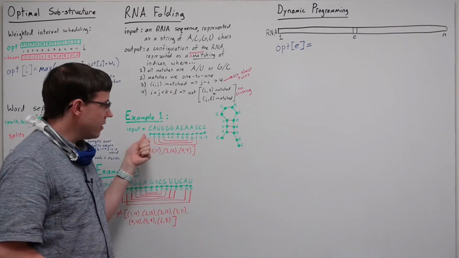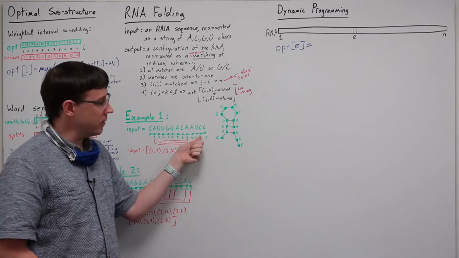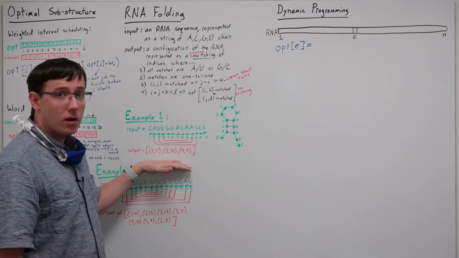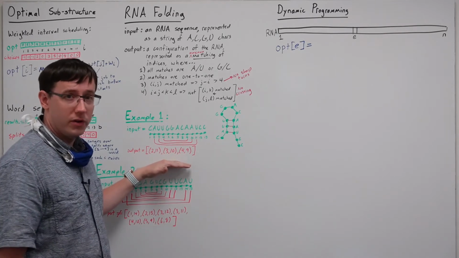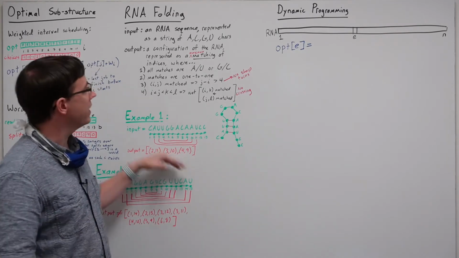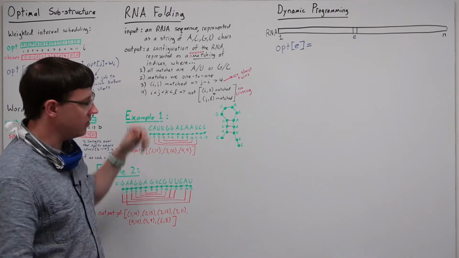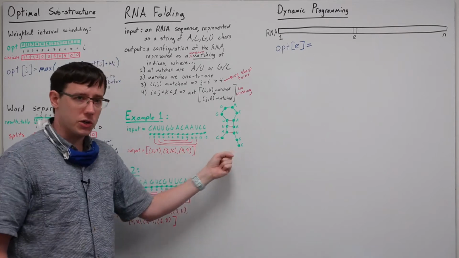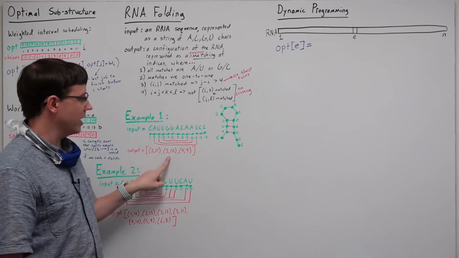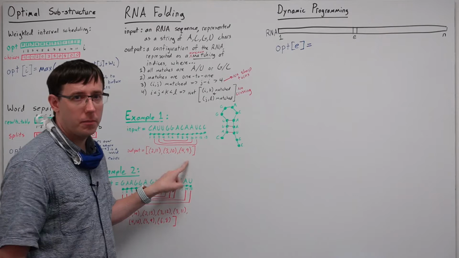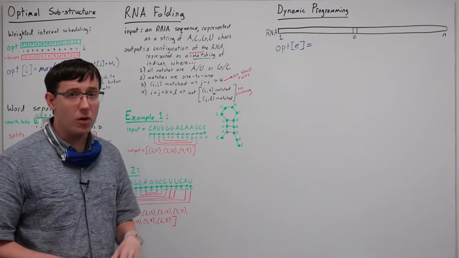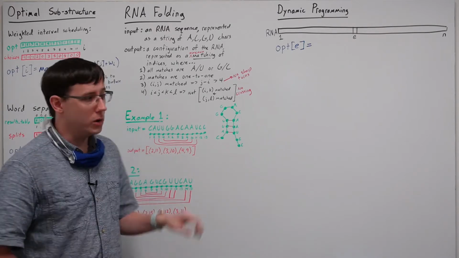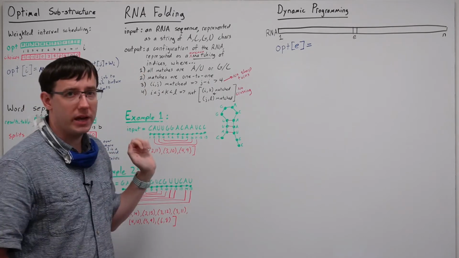So if we are given this RNA string as our input, then our optimal output, the most matches we could make subject to these constraints, is in fact represented by the pairs 2 and 11, 3 and 10, and 4 and 9. But it's also worth thinking about what sorts of things are ruled out by our constraints.